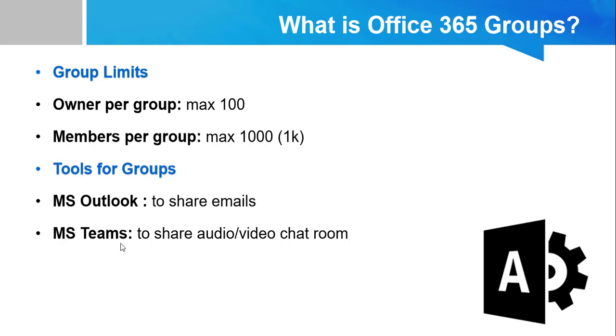Using MS Teams, we can share voice and video calls with the group members. Similarly, we can also create a group using MS Yammer to share a discussion forum. So these are the main tools in Office 365 using which we can create groups.